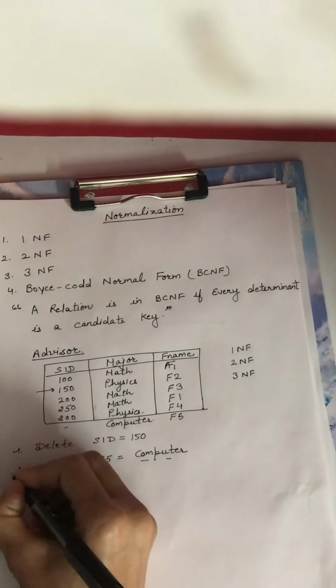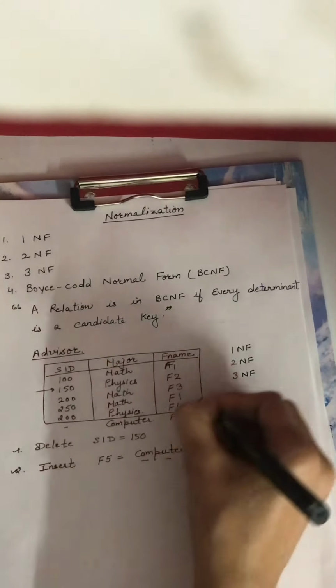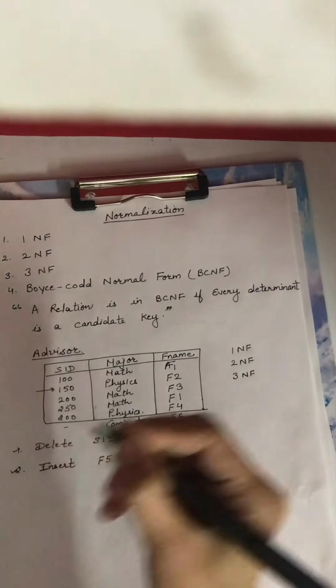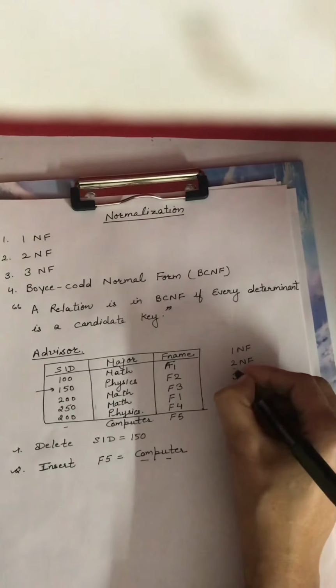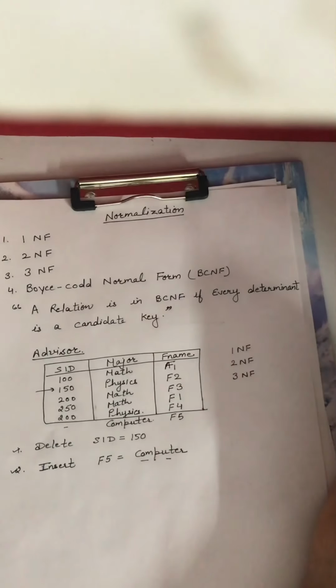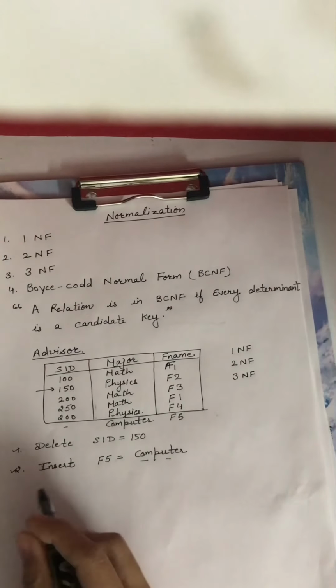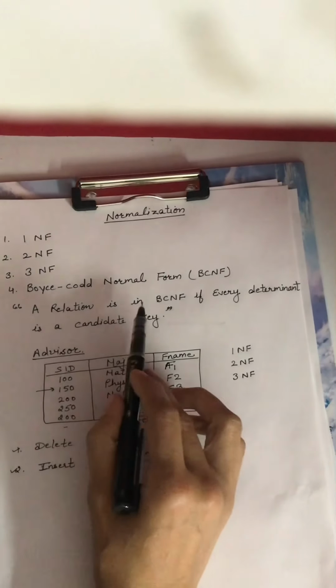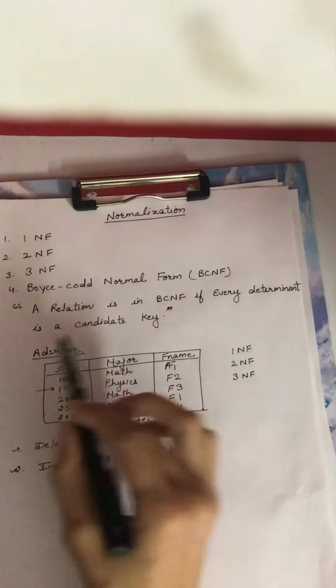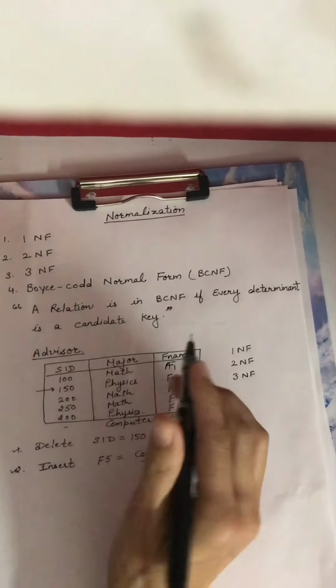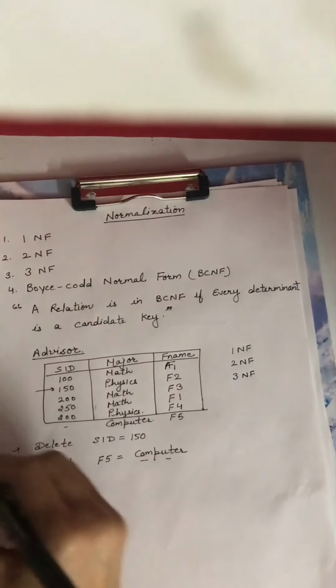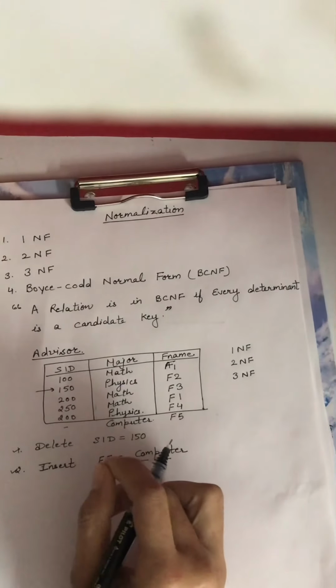So this relation has these anomalies in spite of being in first, second and third normal form. So there is a next normal form which says a relation is in BCNF if every determinant is a candidate key. Why do these anomalies occur in this relation?